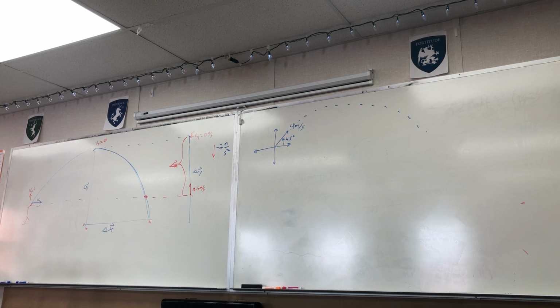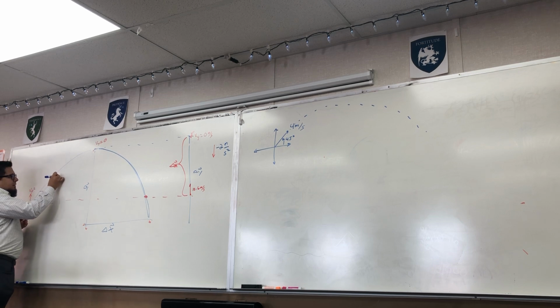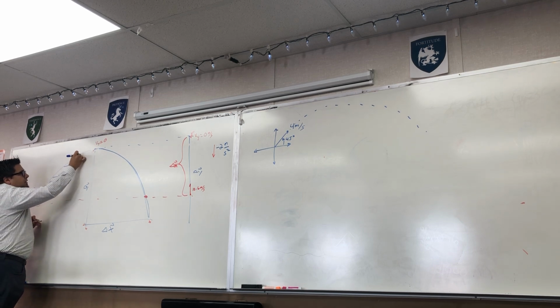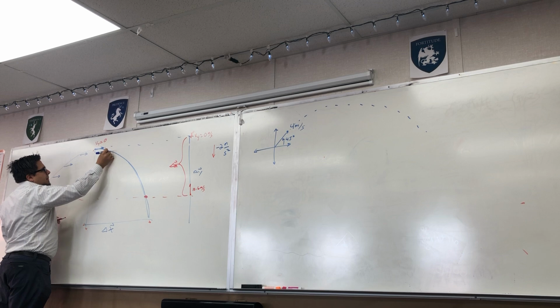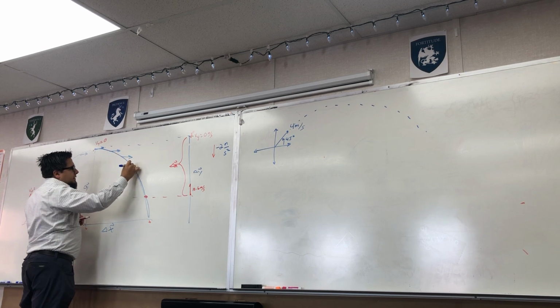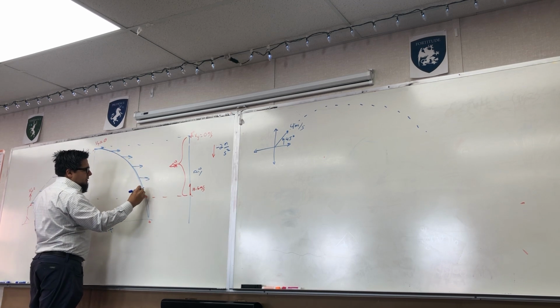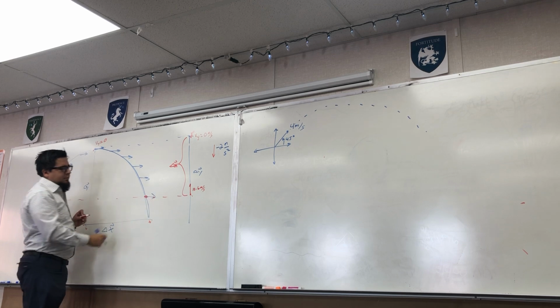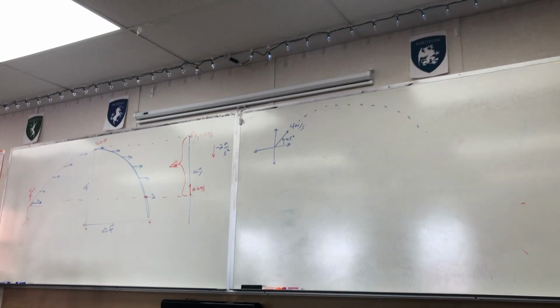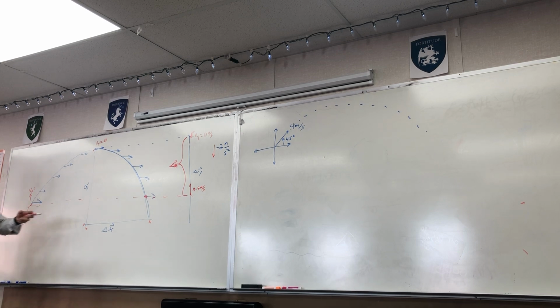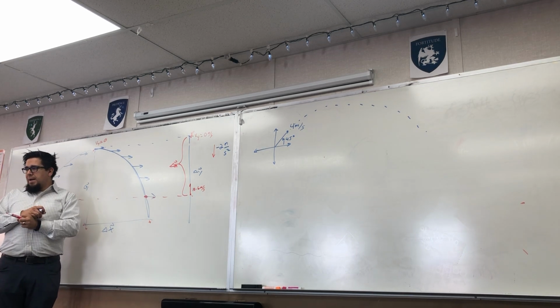Now what will happen is Vx will stay the same until it's acted on by another force, which is when the guy catches it. If there's enough friction, he'd actually stop the ball by catching it.